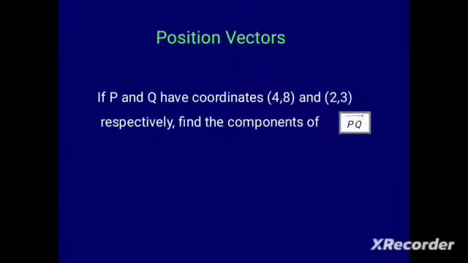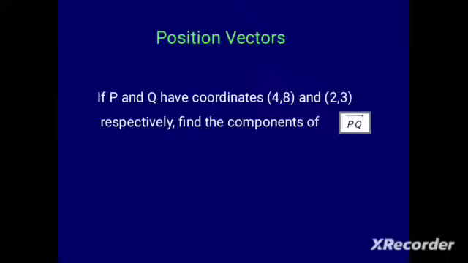Now we have a question here. If P and Q have coordinates (4, 8) and (2, 3) respectively, then find the components of PQ. So PQ is going to be the position vector of Q, that is OQ, minus OP.